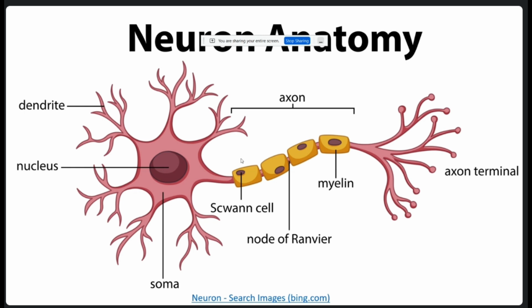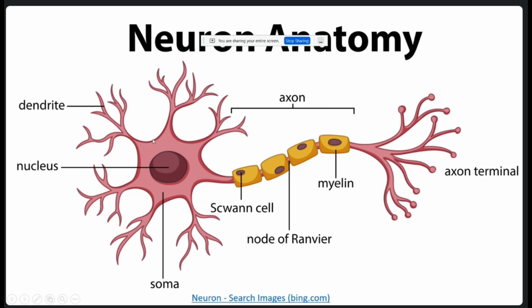As you can see on the screen, on the left part, the dendrite is given. The dendrite is responsible for receiving the neurotransmitter. It means the neuron receives the neurotransmitter information from the dendrite, and then it is executed inside the nucleus, that we call the soma, or sometimes we say the cytosol as well. So our main work is on the soma.